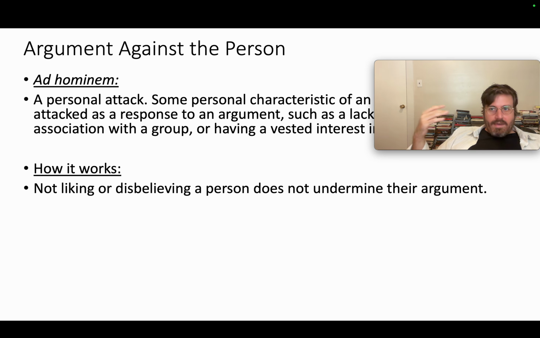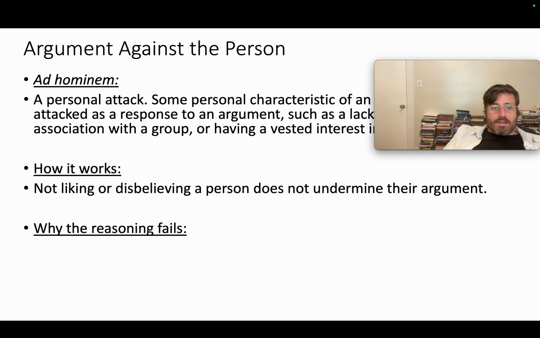I might think I have undermined their argument because, after all, how could such an unlikable candidate in any way be possessing truth? But unfortunately, it is not actually a logical contradiction for an unlikable person to be saying something that is true, right? In order to actually undermine the argument, we need to attack the argument head on rather than redirecting one's attention towards the character of the person making the argument.